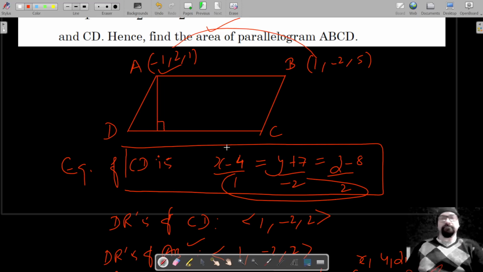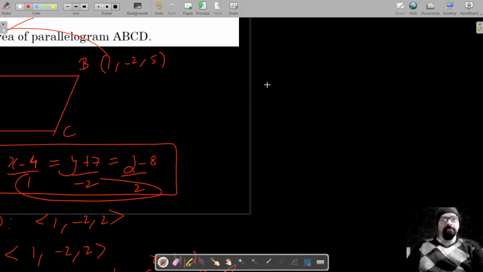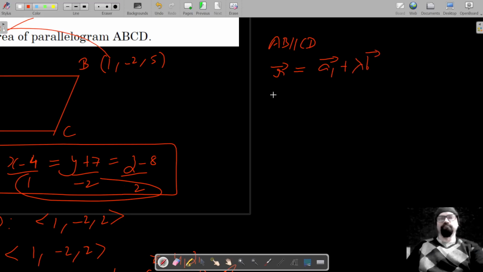Now we know that AB is parallel to CD, and the perpendicular distance between parallel lines, if they are in vector form, let's say the first equation is of the form a1 vector plus lambda into b vector, and the second equation in vector form is a2 vector plus, let's say, mu into b.